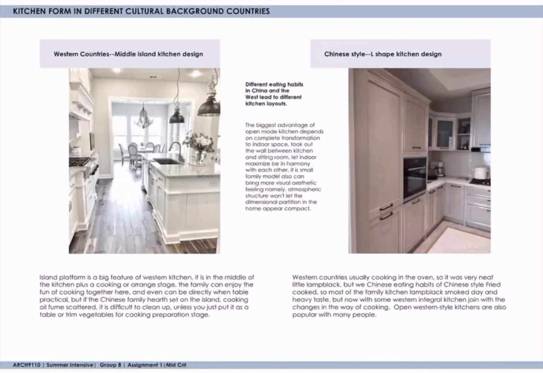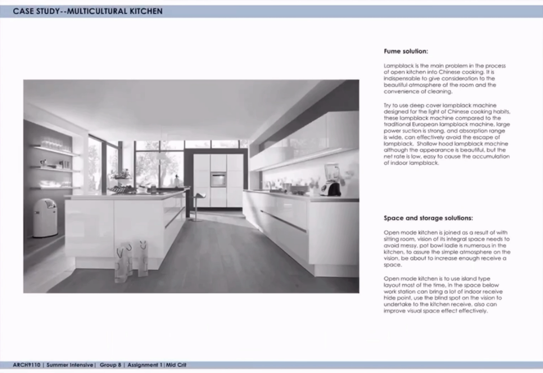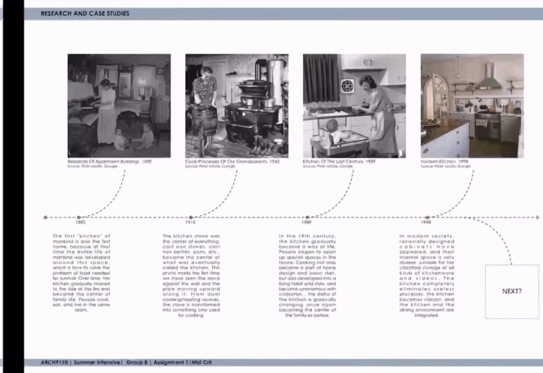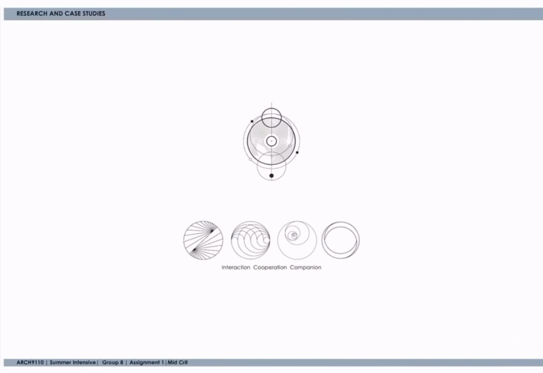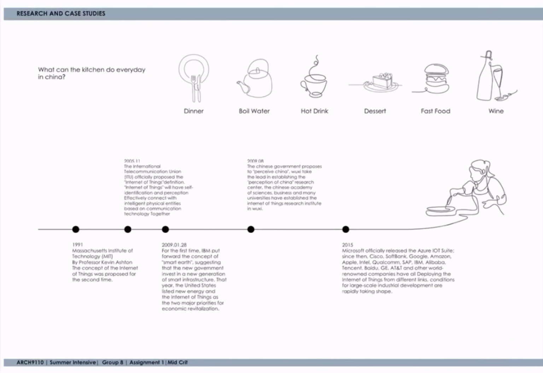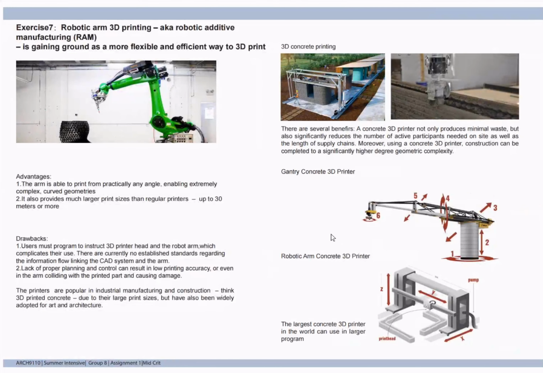We searched about the problems we need to overcome in design and a multicultural kitchen. So the two problems are fume and space storage. And we analyzed the modern kitchen development timeline and also what things in the kitchen a robotic arm can take the place of humans. For this part, we did research on the use of robotic arms.